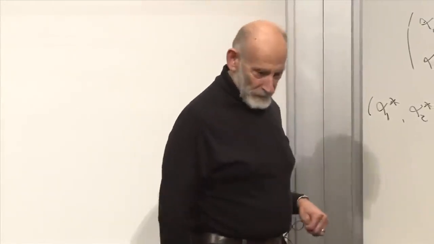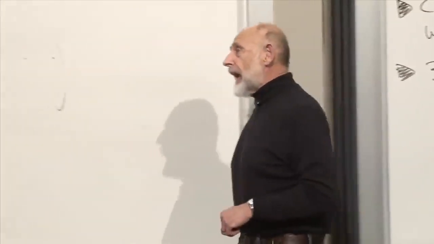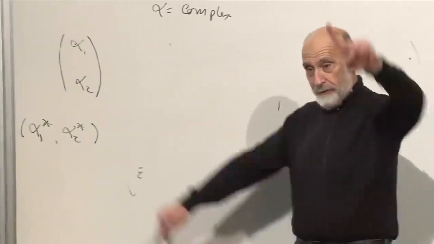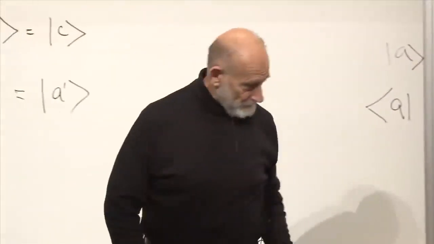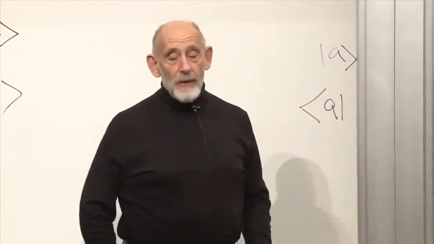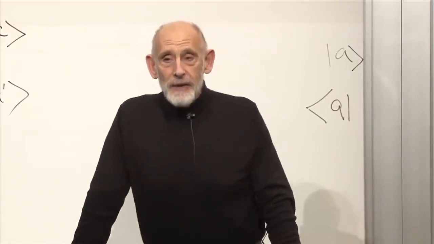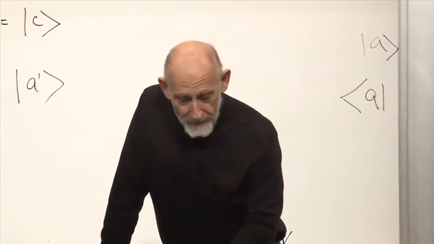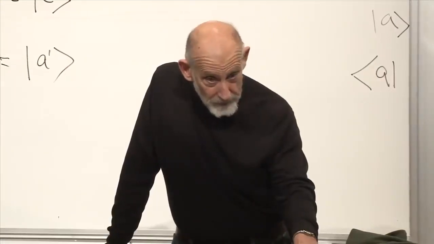The product of two vectors. The inner product of two vectors. The inner product of two vectors, it's the analog of the dot product for pointers. The inner product between two vectors is, strictly speaking, the inner product between a vector and the dual of a vector.